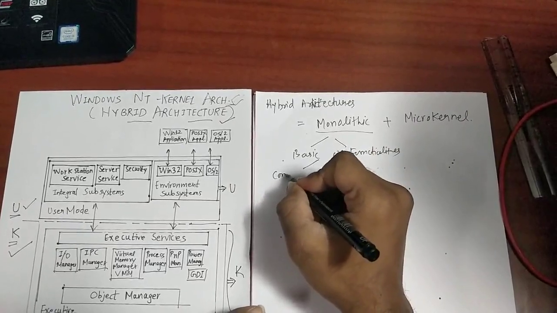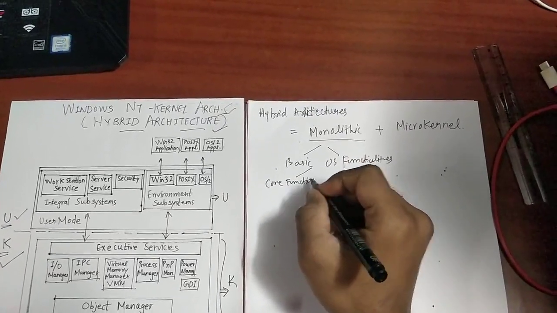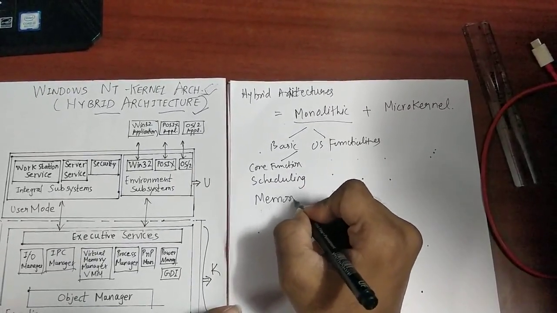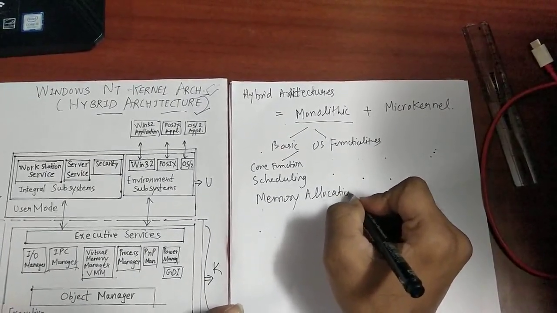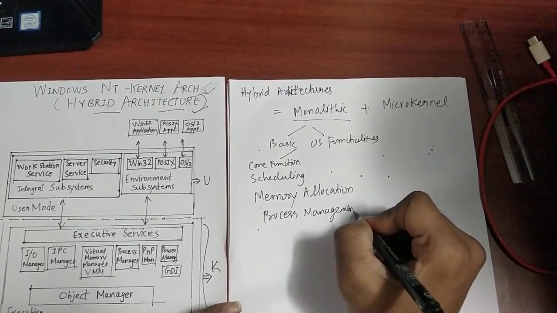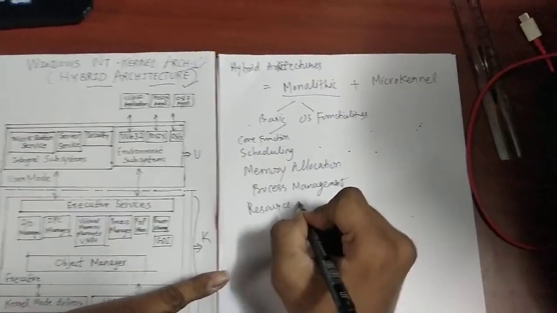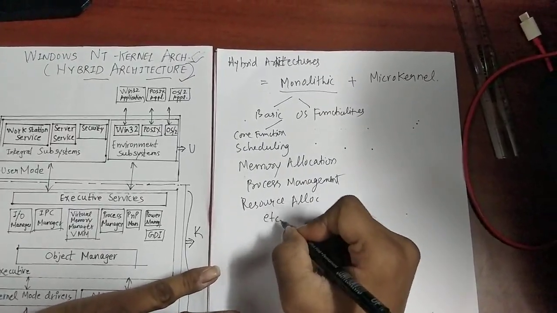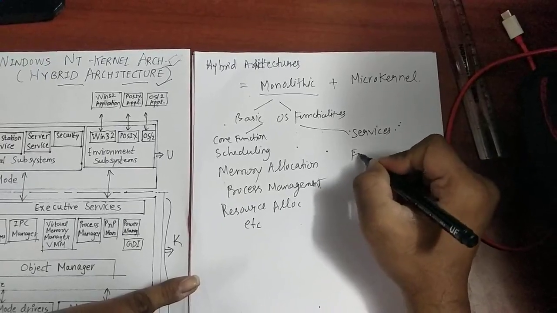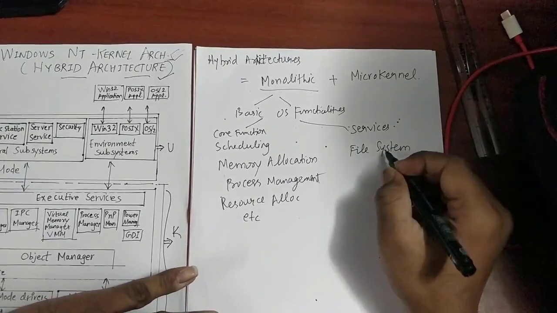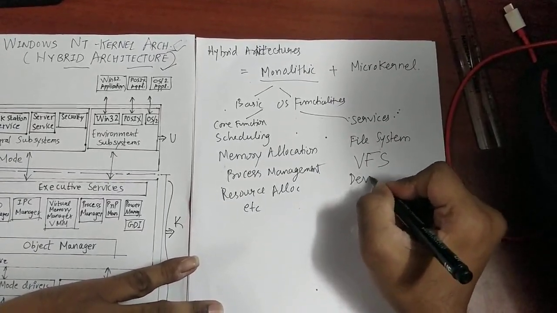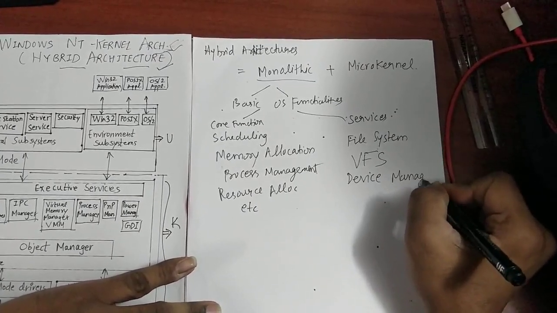like core functionalities, which are scheduling, memory allocation, process management, resource allocation, and related basic core services, plus services like file system, VFS, which is nothing but virtual file system, and device drivers, device management, or IO management.